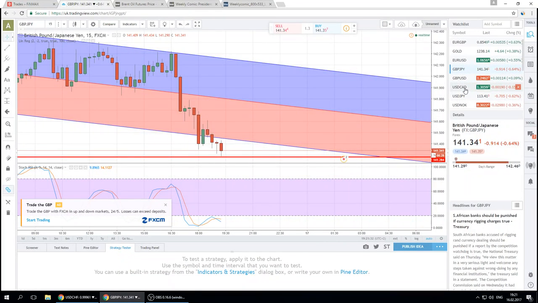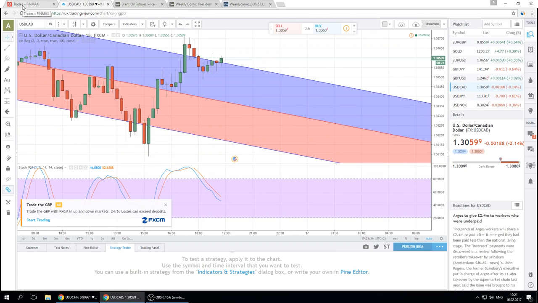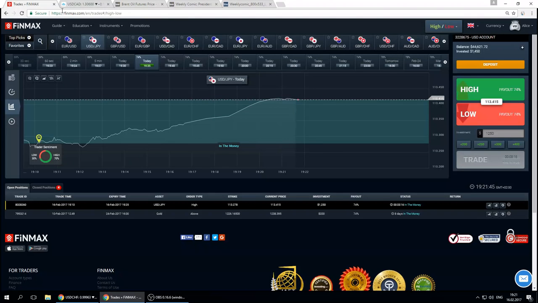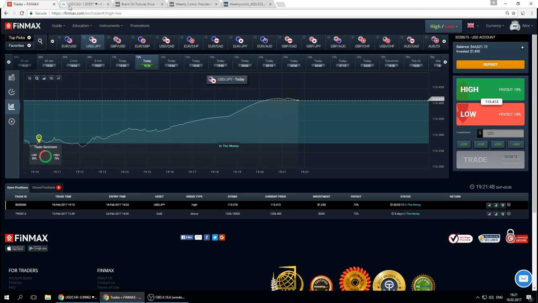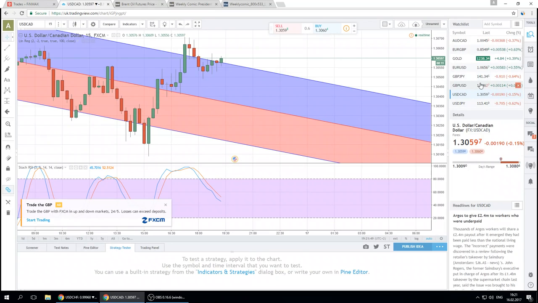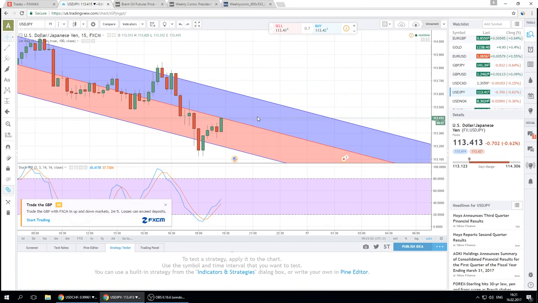So we also hope that the situation on the American dollar to Japanese yen will be the same. So let's switch to the chart to see what's going on here.